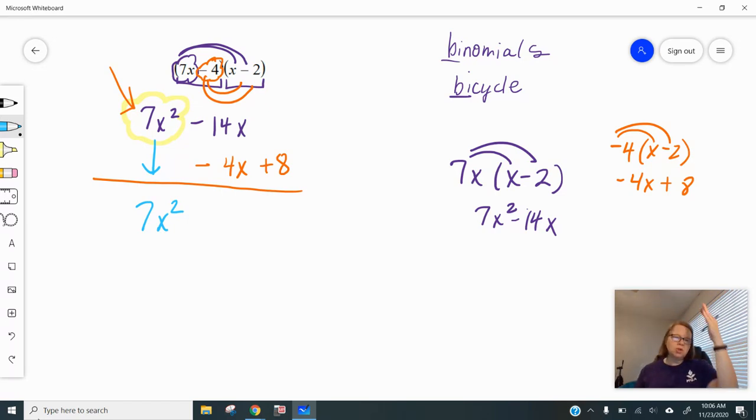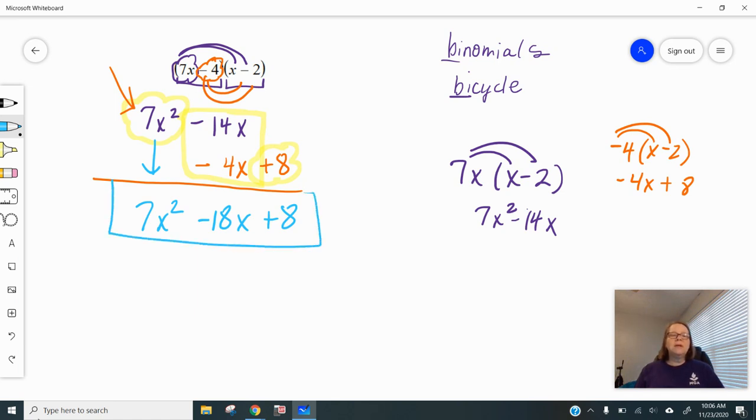That's the only one, so just bring it straight down. And then the next thing we have is these x terms right here. They're in line. So negative 14 minus 4 is negative 18, and those are x terms. And then we have the little +8 at the end, and there's nothing else in line with it, nothing else to combine. So it's just +8 that you bring down. That's your answer, so you're done at that point.